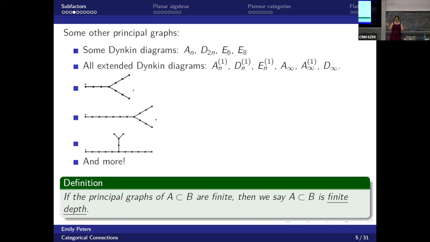I'm going to gloss over this briefly, but in fact there is a lot of work that I'm hiding here. So this first one is due to a lot of people. I should probably mention Vaughan Jones, Adrian Ocneanu, Kawahigashi, Izumi, and I'm sure I'm forgetting other people. And then the extended Dynkin diagrams is due to Sorin Popa.